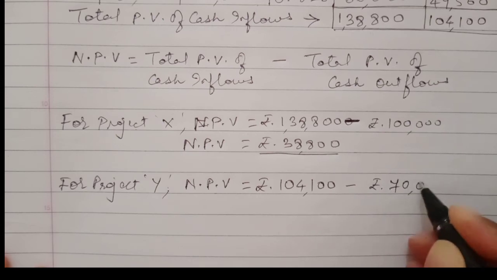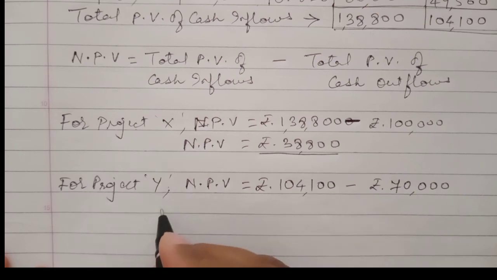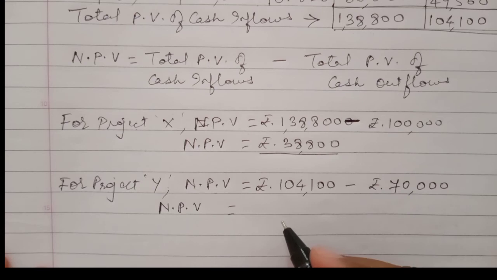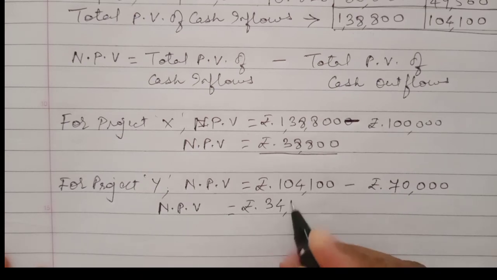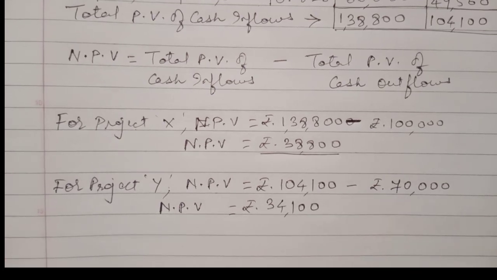It is given in the example. Okay, so the NPV for project Y will be rupees 34,100. So we have finished with the first part. We have calculated the NPV.